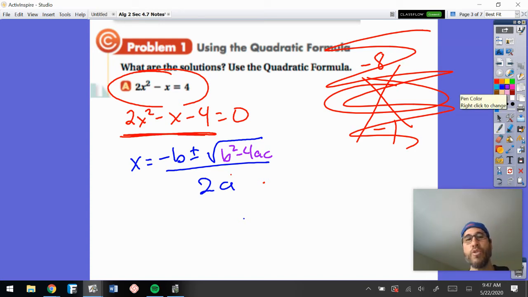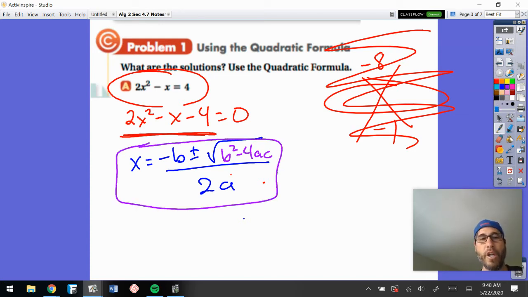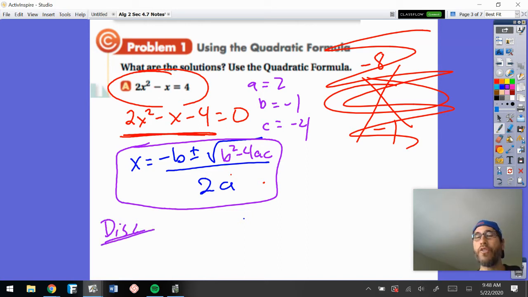To use this quadratic formula, the first thing we are going to do is locate what our a, b, and c are. Here, a equals 2, b equals negative 1, and c equals negative 4. Then we're going to find the discriminant first, because I think it is very, very helpful to do this, and it keeps our work very nice and organized.